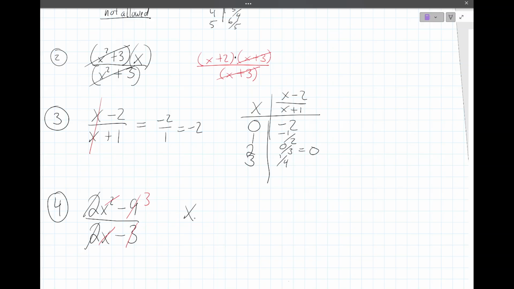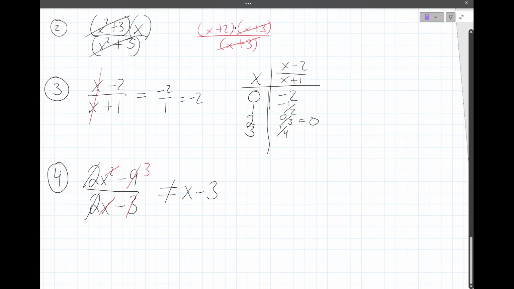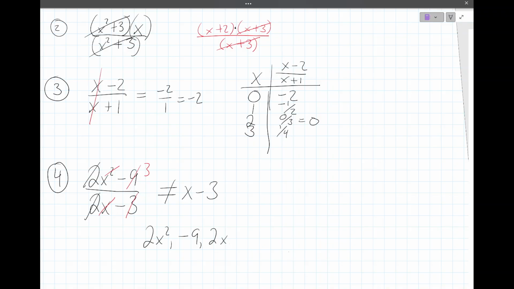It doesn't become x − 3. It does not equal x − 3. We're not allowed to do that, right? 2x², negative 9, 2x, and negative 3 are all terms. Terms are things separated by addition or subtraction, but they are not factors. We need to have factors in order to simplify and cancel.